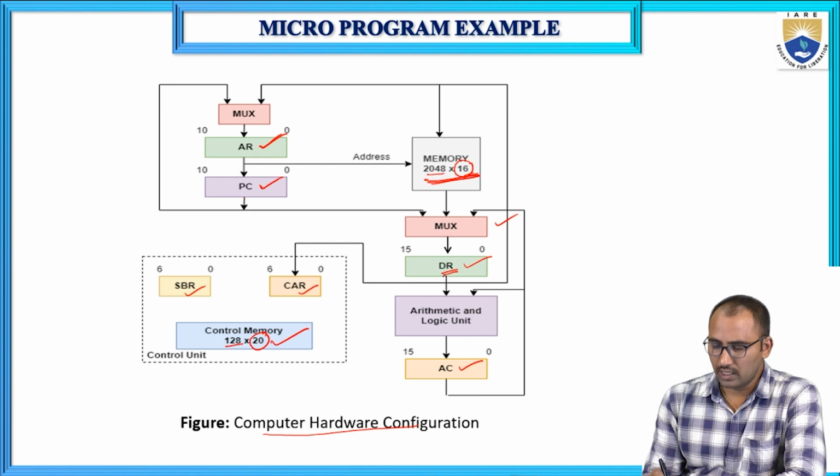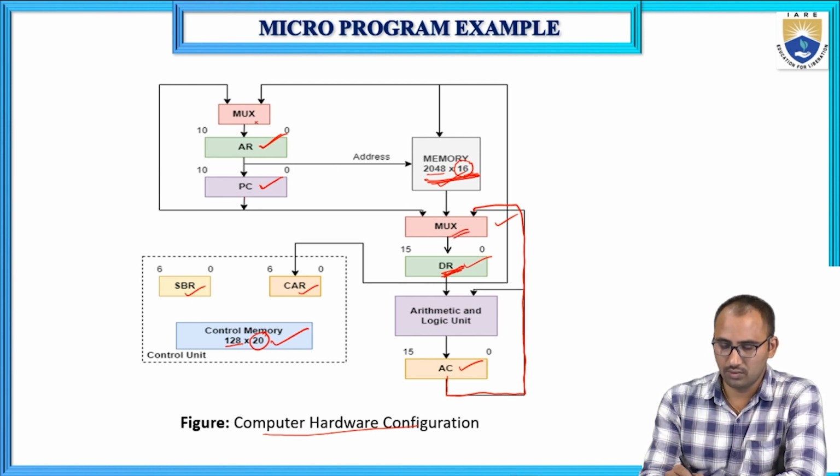And also the data register receives input from the main memory. And also the data register receives the input from the accumulator. From the accumulator, it is received by the data register through the multiplexer.